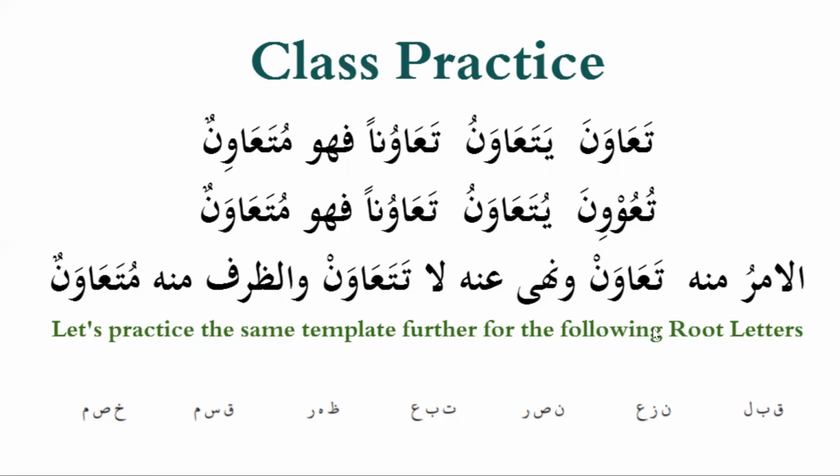Like in place of ain, vav, and noon, we are going to put qaf, ba, and lam: taqabala yataqabalu taqabulan fahuwa mutaqabilun. So that's how we are going to follow this class practice in the interactive session.